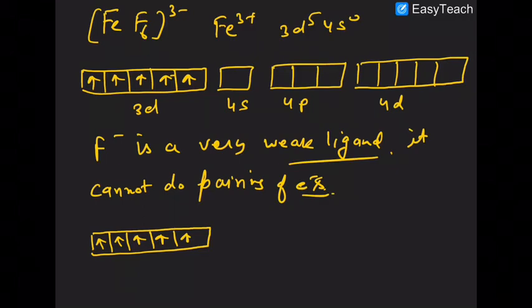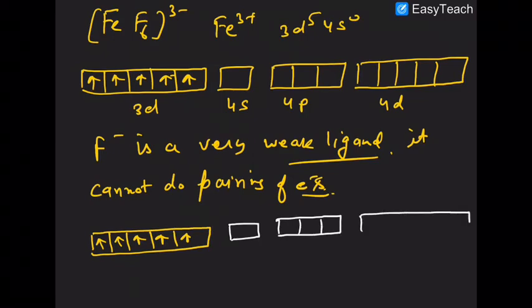Okay, but what about the others? This is 4s, this is 4p, and this is 4d. So now here the 3d orbitals are not empty.